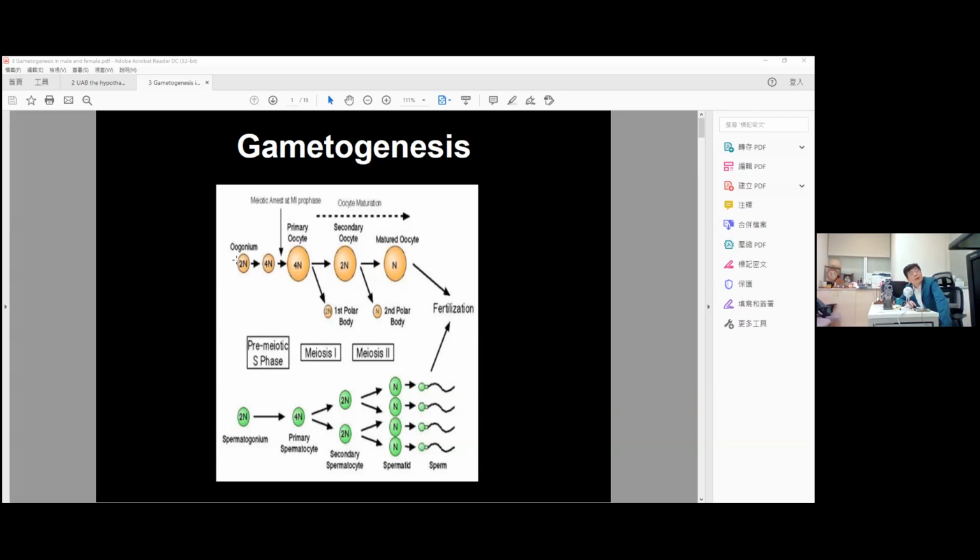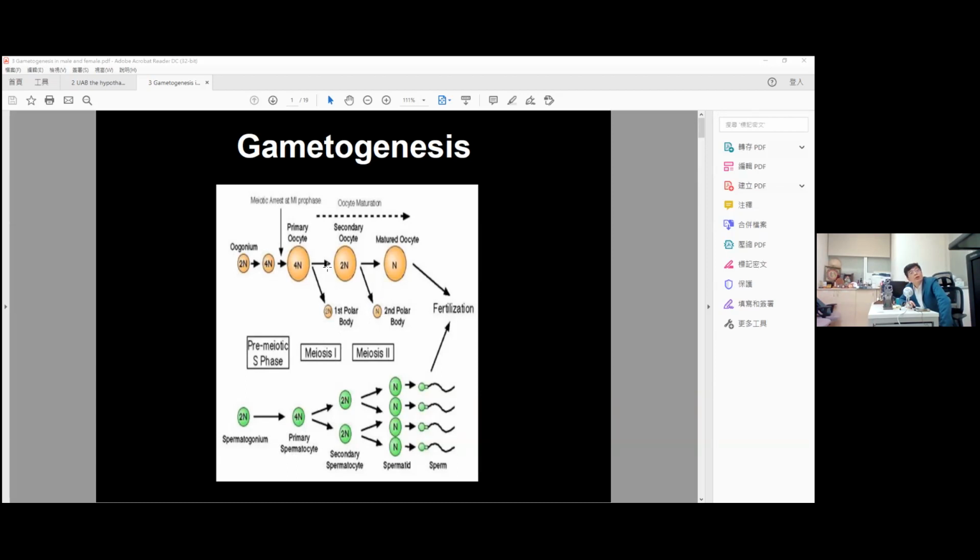So they have spermatogonium. Spermatogonium is a master cell. Then they have a primary spermatocyte, which is 4N, double. Primary oocyte is double, 4N. Then during the meiosis, they lose the first polar body, and they lose the second polar body.